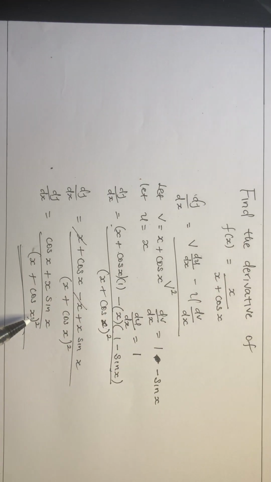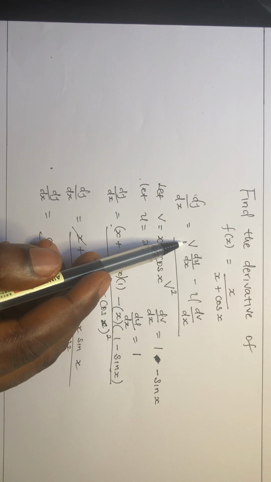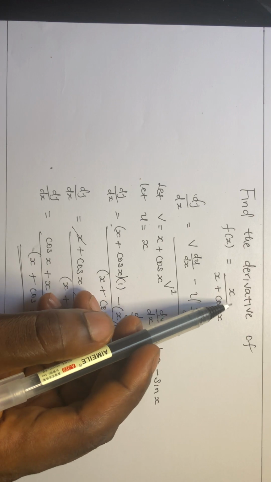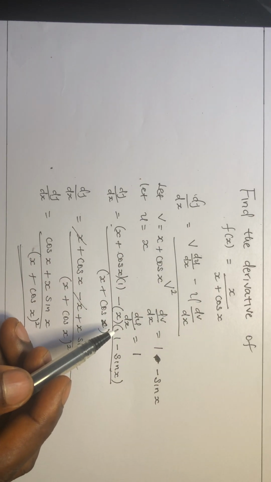This is the correct answer to this problem. You need to also always look out not to make mistakes trying to substitute your numerator and your denominator for any of these variables.